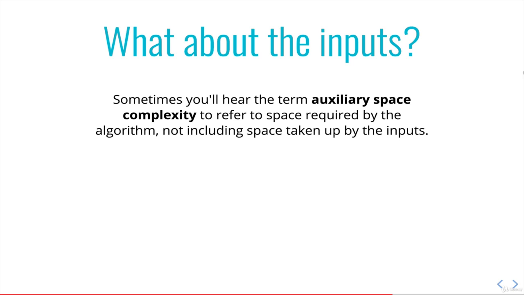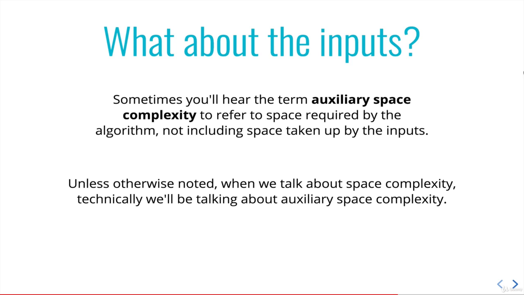We assume that as n grows, the input is going to grow, so let's not care about that space. Let's care about what repercussions that has inside the algorithm. So unless otherwise noted, when we talk about space complexity, technically we're talking about auxiliary space complexity. Hopefully that's not too scary, but basically it just means we're focusing on what happens inside the algorithm.